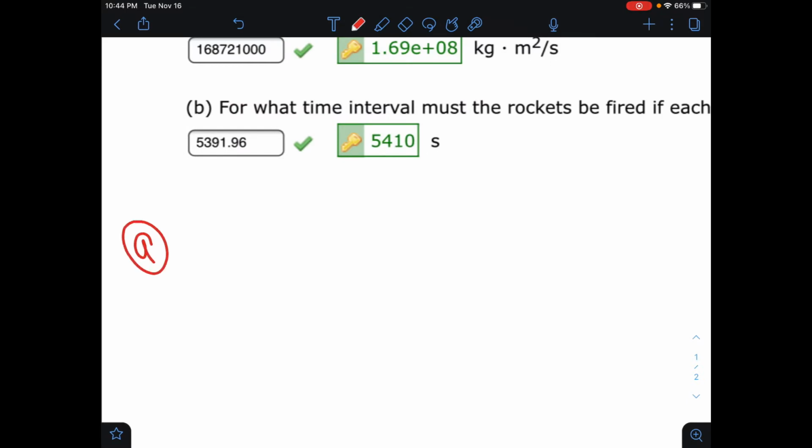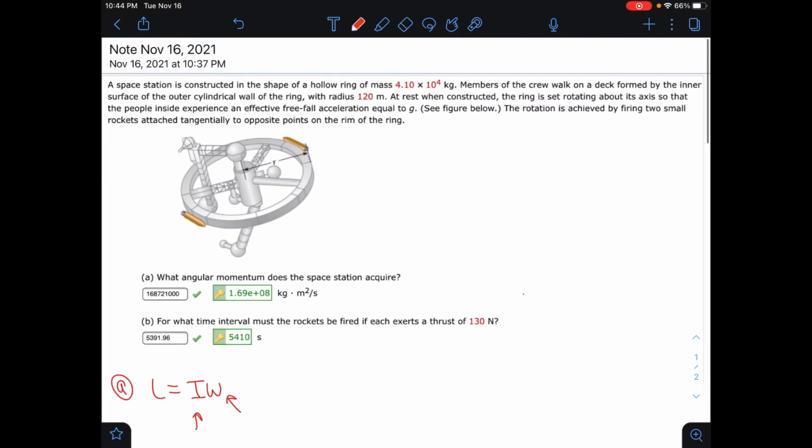Angular momentum is equal to Iω. So that's moment of inertia times the angular velocity. And if you look at this, we have no speed. We have a mass, and we have a radius.